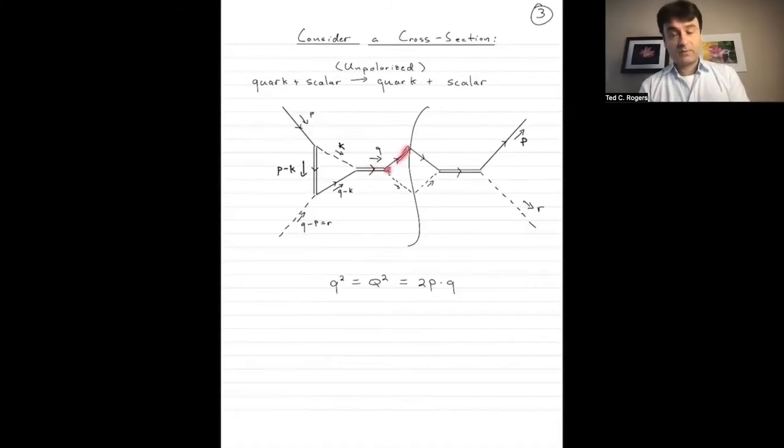And that's eventually going to have to decay into some very high mass pair of a quark and a scalar in the final state.